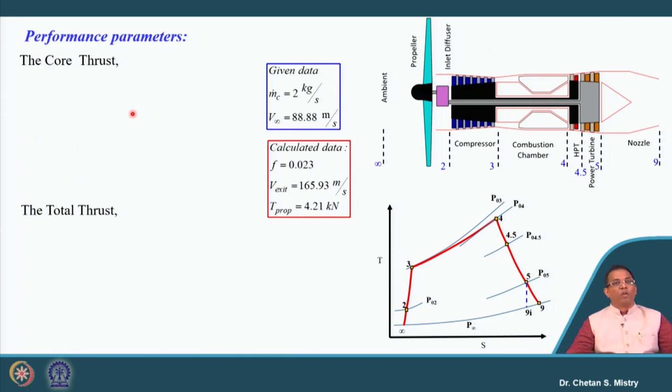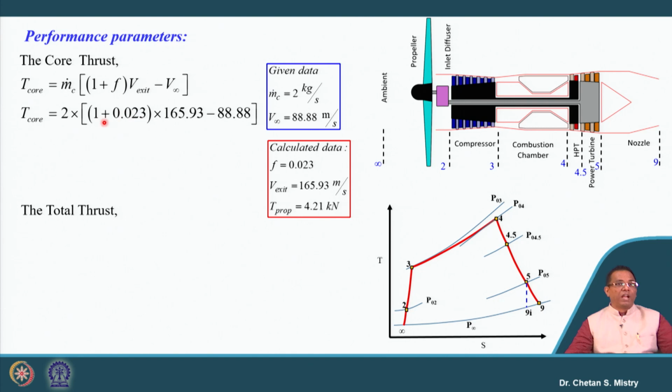Okay, now let's move towards the next thrust. We are not having any information, but if we look at it, our exit velocity is coming to be 165.93 meter per second, and we know that is not a small number. If it is not a small number, that means there will be contribution by this core engine nozzle also, and that's the reason why we will be calculating the thrust contribution by this core engine.